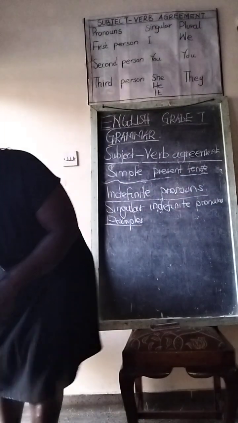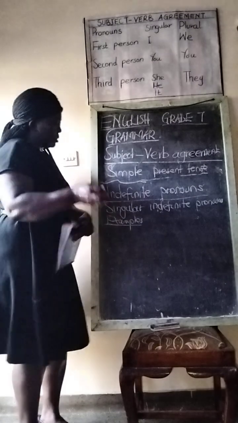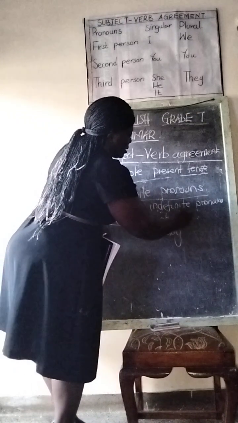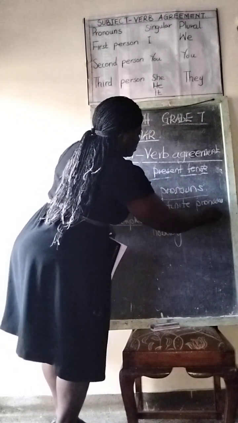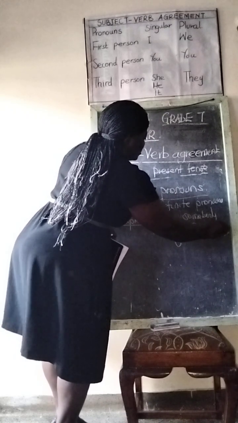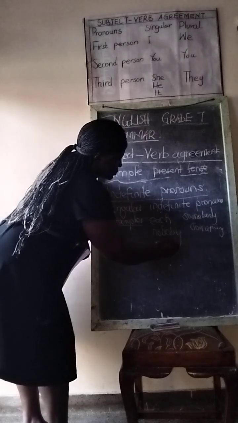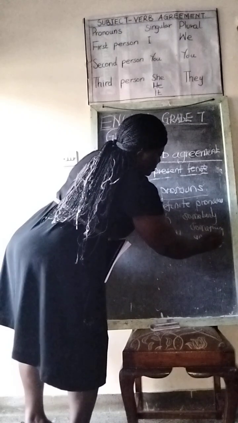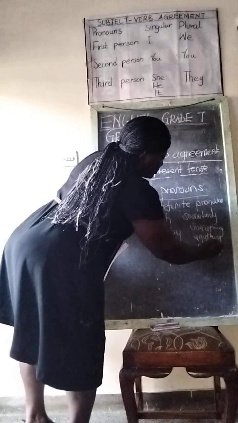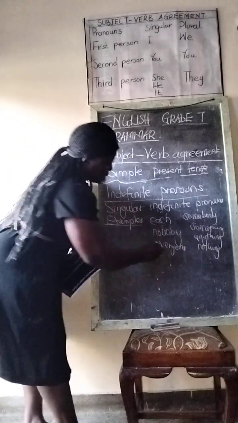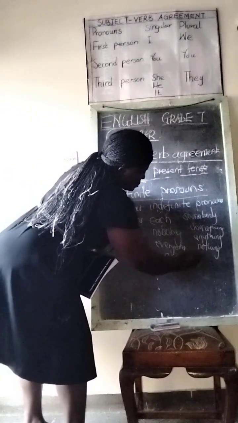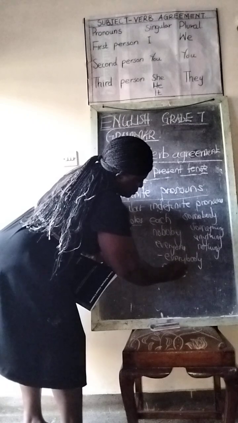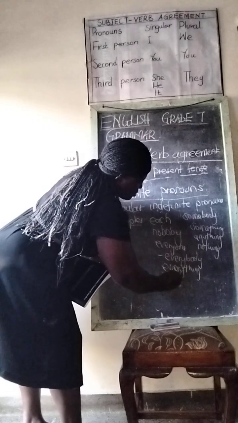We have each, nobody, somebody, something, everyone, anything, nothing. You can continue writing them: everybody, everything, someone.